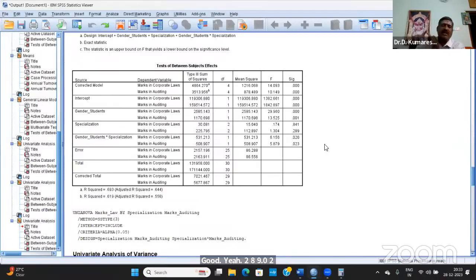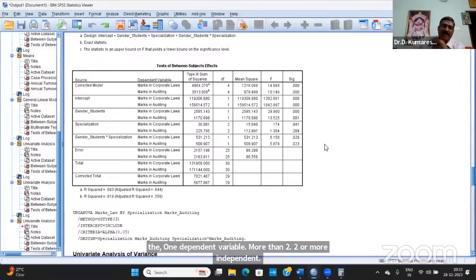So in the one-way ANOVA, one independent variable, one dependent variable. In the two-way ANOVA, one dependent variable, two or more independent variables.